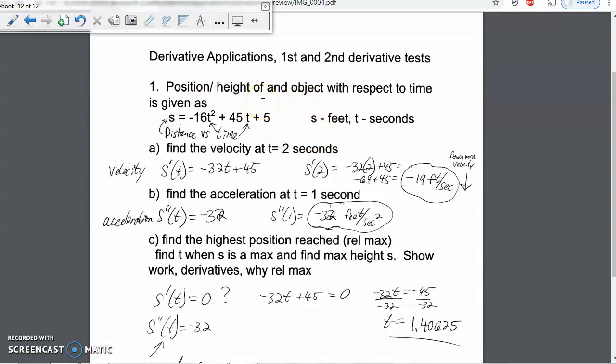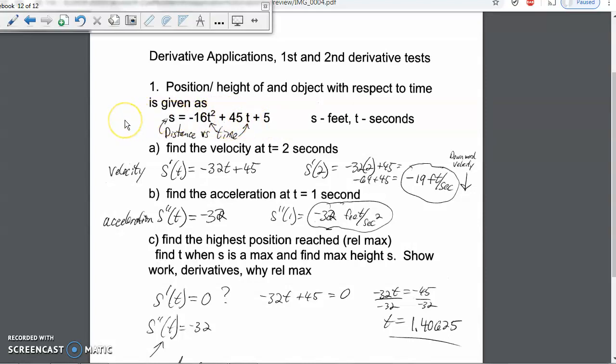In physics, sometimes they do two different sets of equations, up, down, and horizontal. This is only vertical. So you can pretend like it's being shot straight up in the air or it's being shot out. It doesn't matter. We're just measuring how high this object is going and then how low it's going.